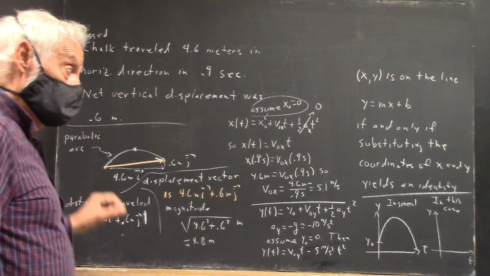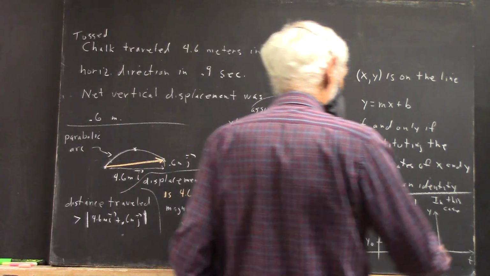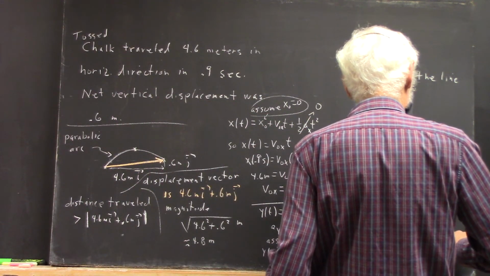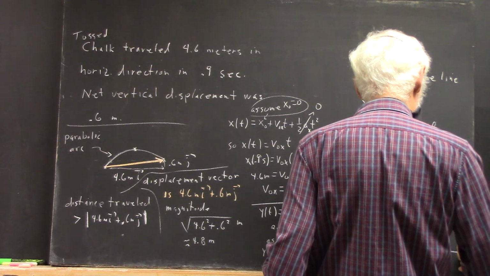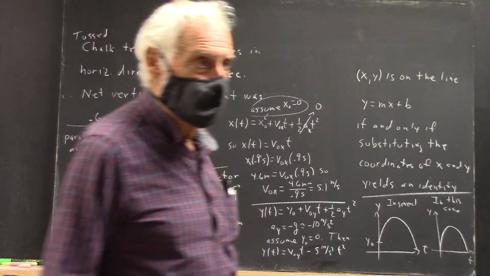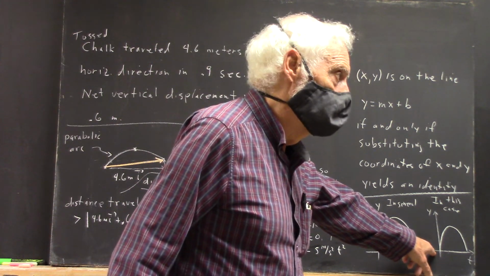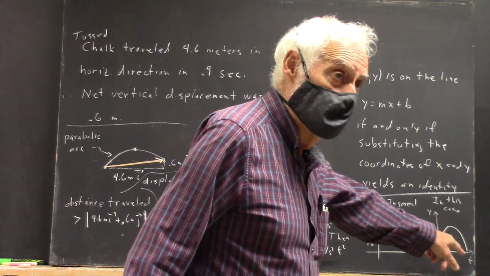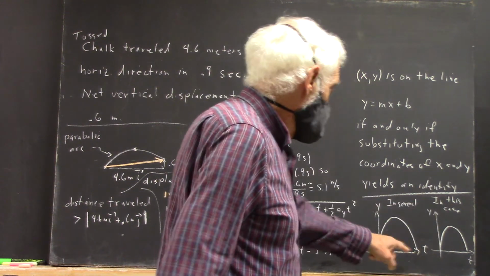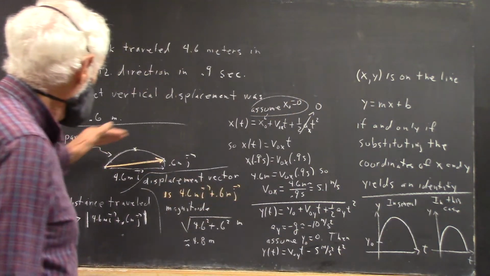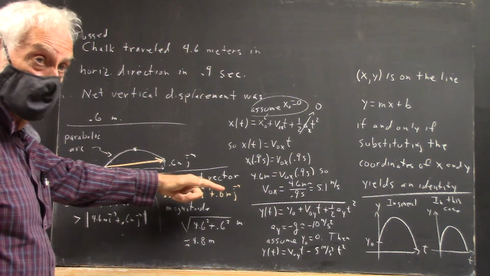Then the y motion as a function of t can be represented by a parabola that passes through the origin of the y versus t graph. Now be careful, this isn't the arc. The arc is in y versus x, right?